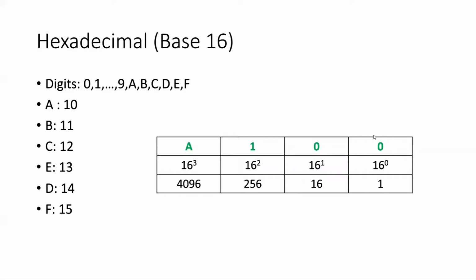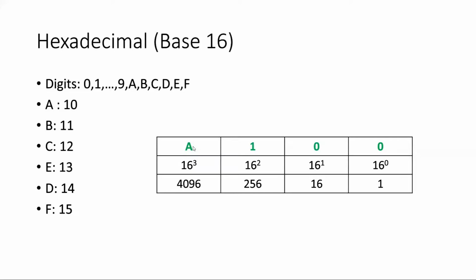This position basically stores the number of ones. In the next position, we write the number of 16s. The next one, the number of 256s, and so on. And you remember, A is a digit that has value 10.